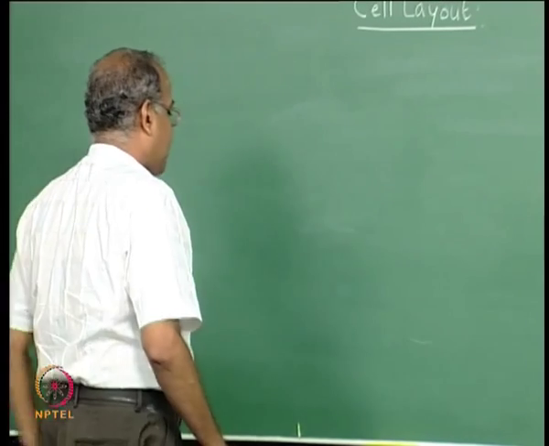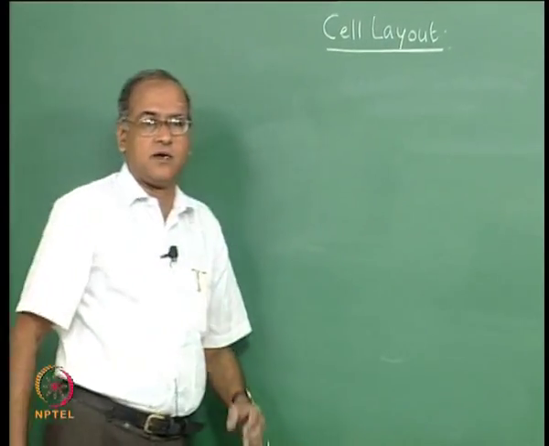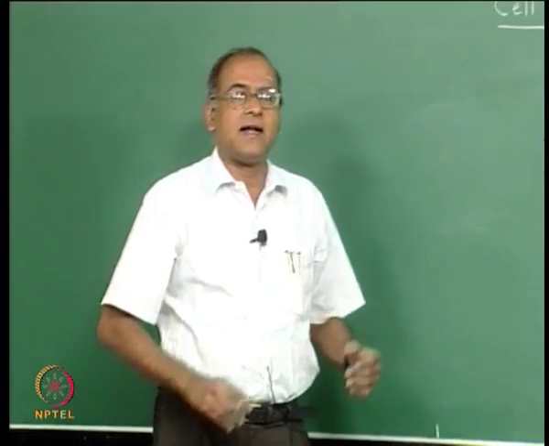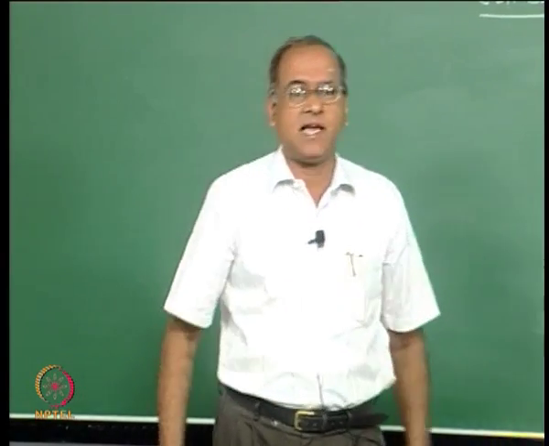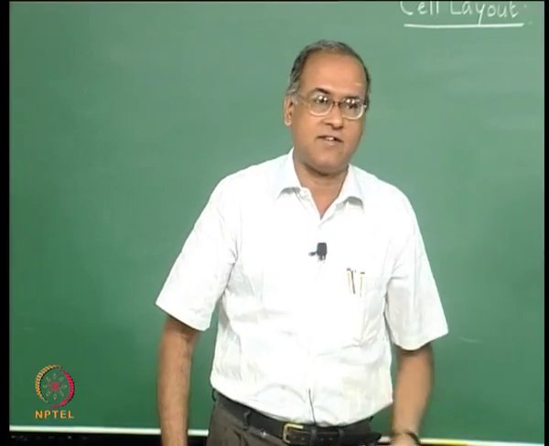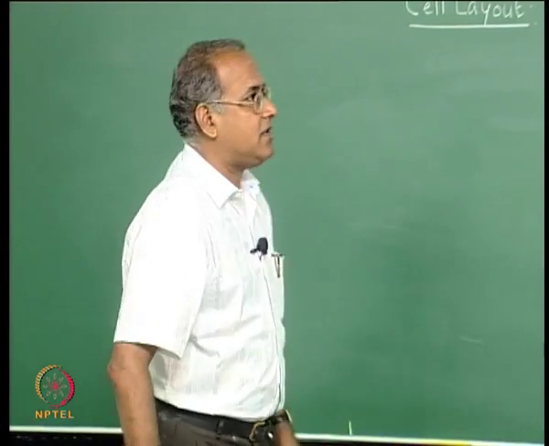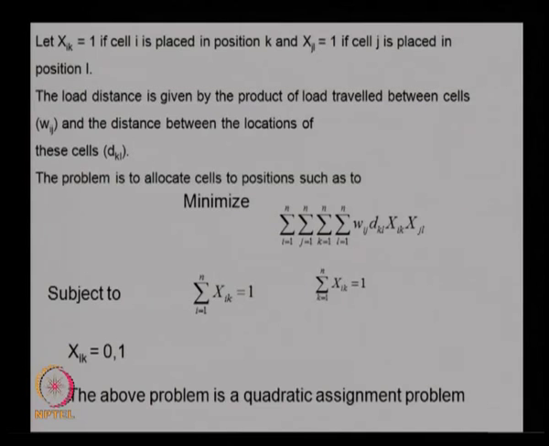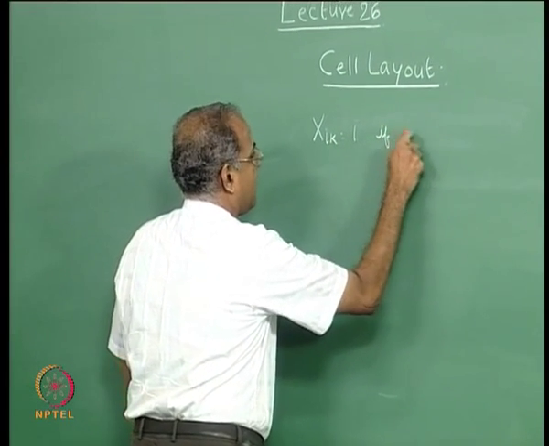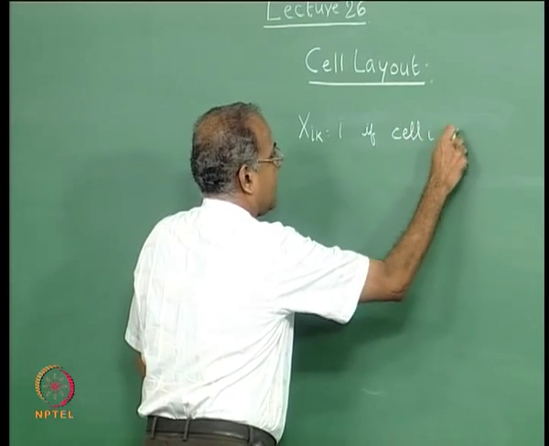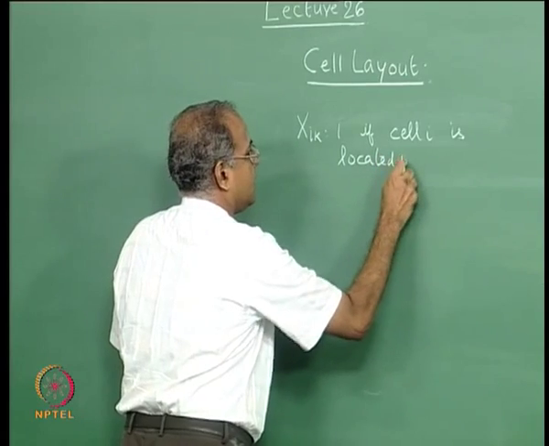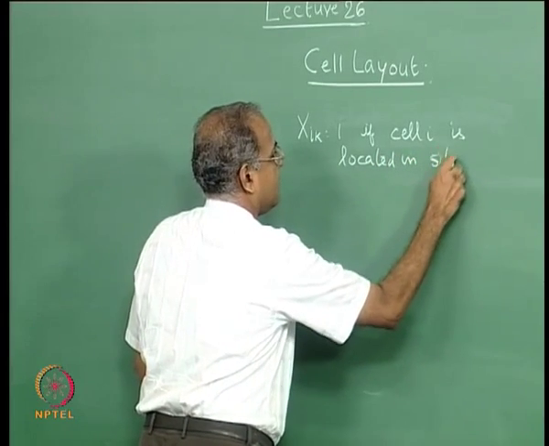So, in a typical layout problem, we could think in terms of 3 or 4 departments or any number of departments and certain number of sites or places where we can locate these departments relatively, and we will use a notation where x_ik equal to 1 if department i or cell i is located in site k.